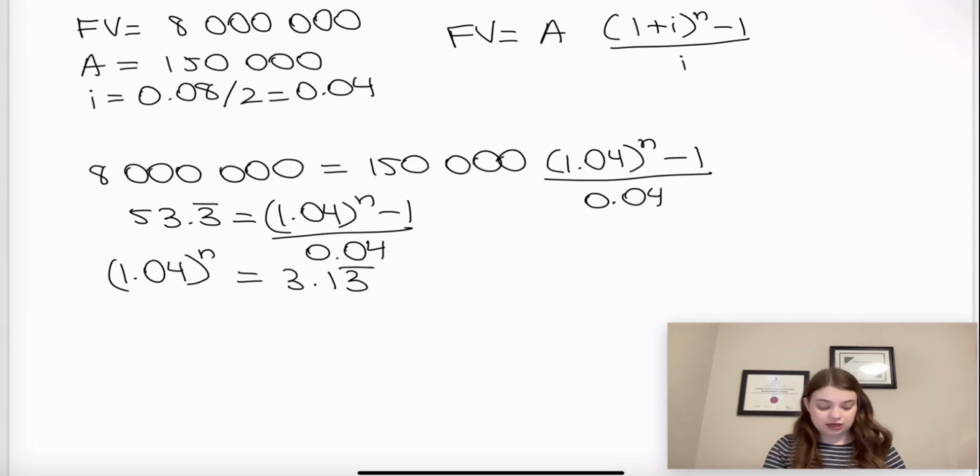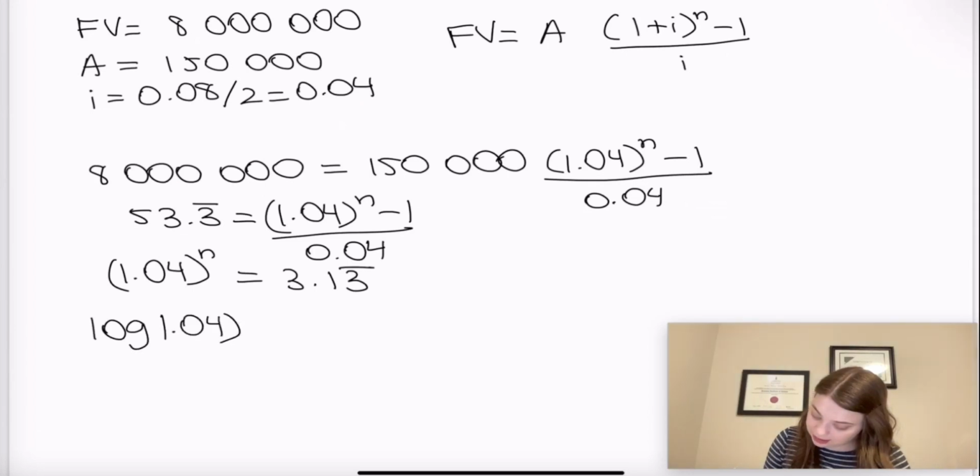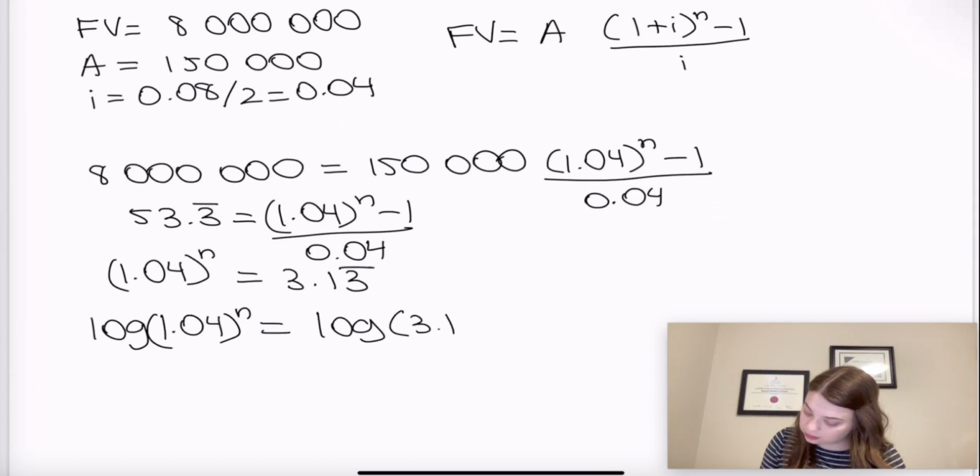All right, so next we're going to use logarithms to figure this out. I'm going to take the logarithm of both sides. So log of 1.04 to the power of n is equal to log of 3.13 repeating. Okay, next I'm going to remember the log rule that whenever we have this n as the exponent, we can put it at the front.